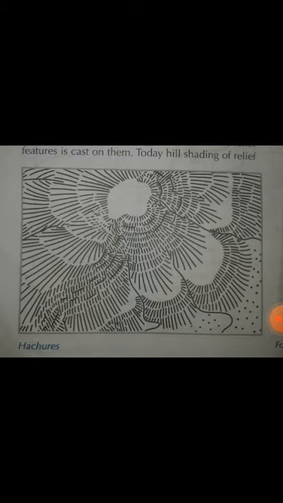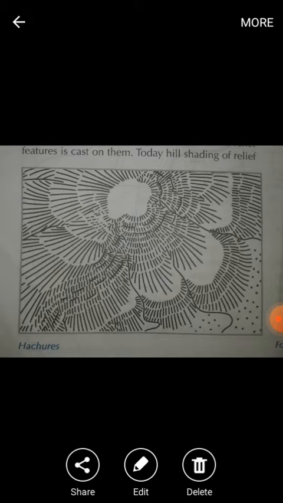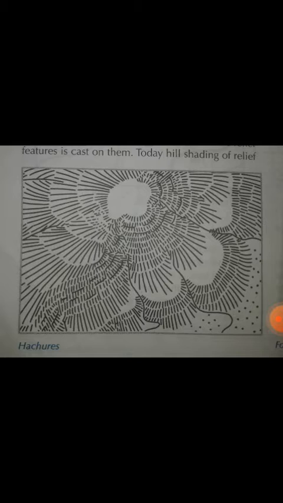Gentle slopes are indicated by thin lines drawn apart, and steep slopes are indicated by thick lines drawn close together. So two points are very important in hachures. Gentle slopes are plane type slopes, and steep slopes are sharp slopes.